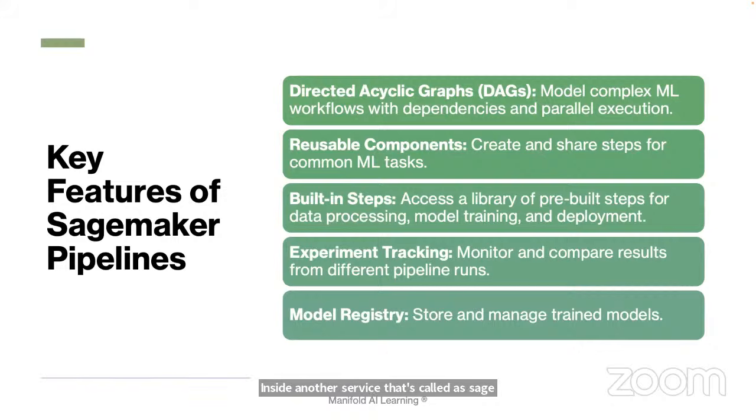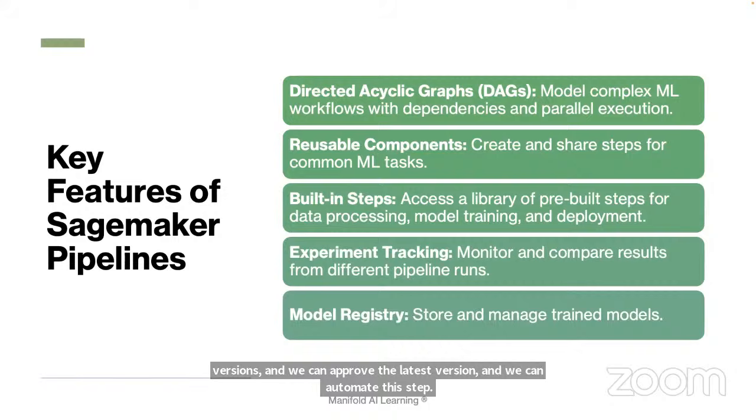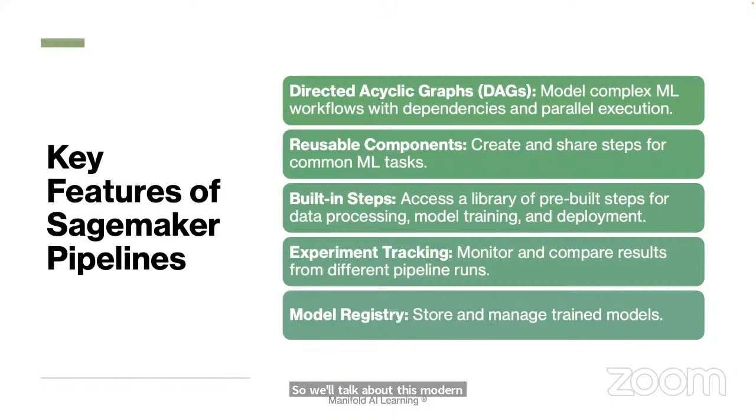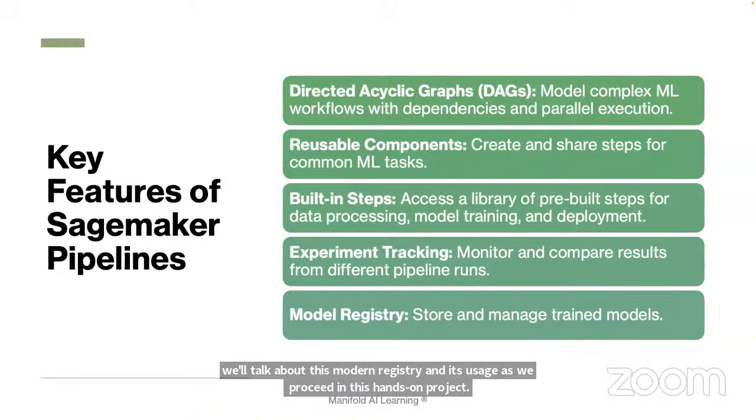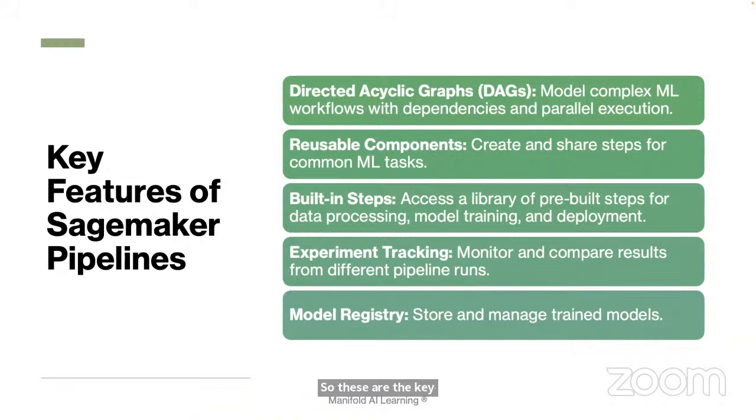The SageMaker Model Registry is a service provided by AWS where we can store the model, maintain the versions, approve the latest version, and automate the step. We'll talk about this model registry and its usage as we proceed in this hands-on project. So these are the key features of our SageMaker pipeline.